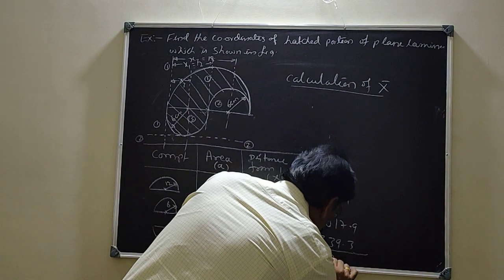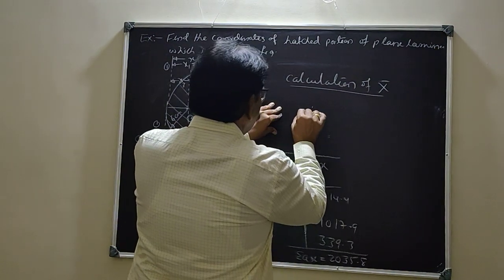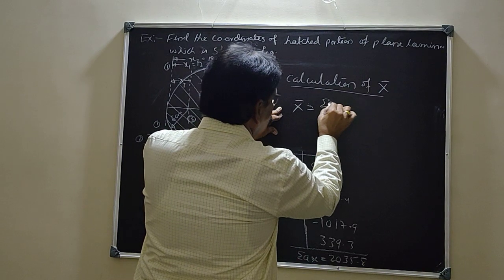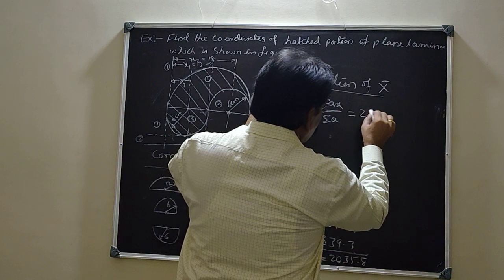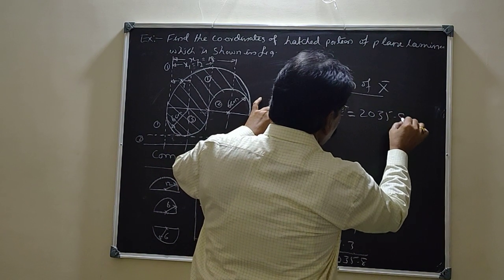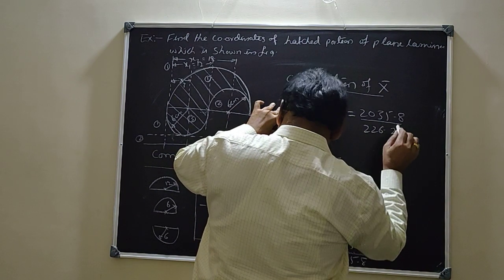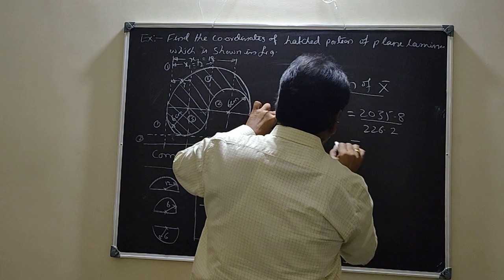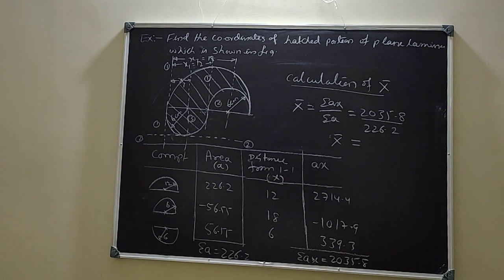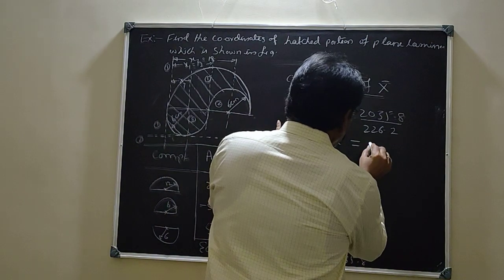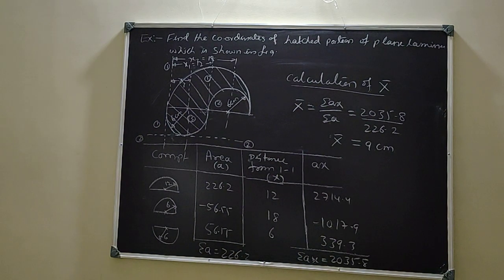So now x bar is equal to sigma Ax divided by sigma A, that is equal to 2035.8 divided by 226.2. Now you will get x bar is equal to 9 centimeter. So that means we could calculate x bar.